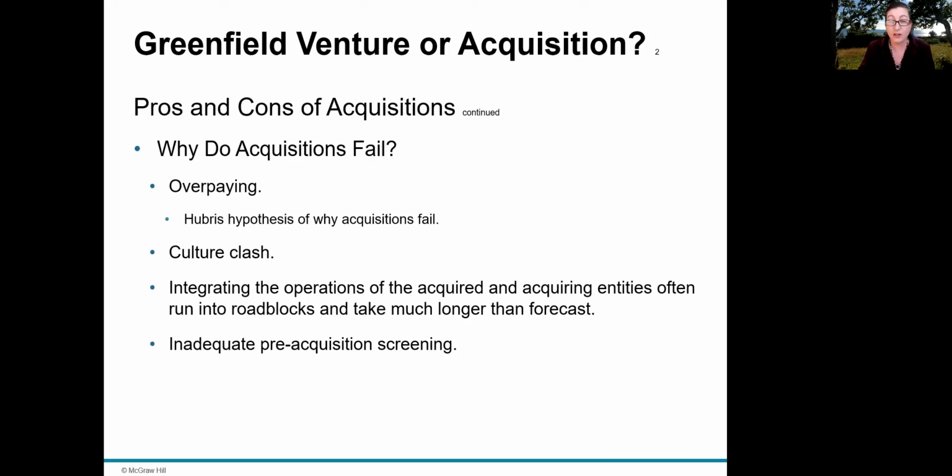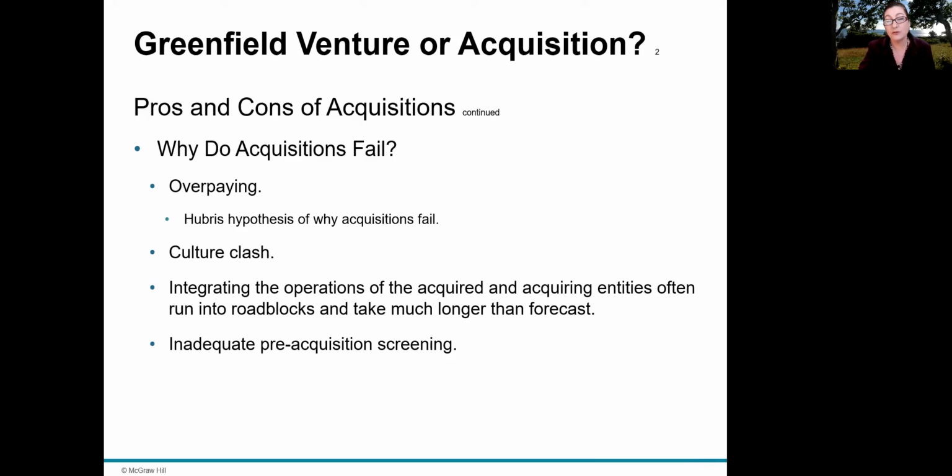There can be a culture clash when you're bringing these two organizations together, and it might be that integration of the operations is where you strike the most problems.